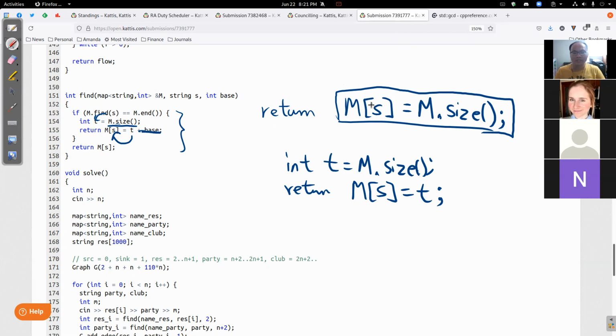And when you create a new entry in the map, then this will get bigger. So if your original map was like this, then the new entry you get may be 4. Is that what you're thinking? Yeah. Okay.